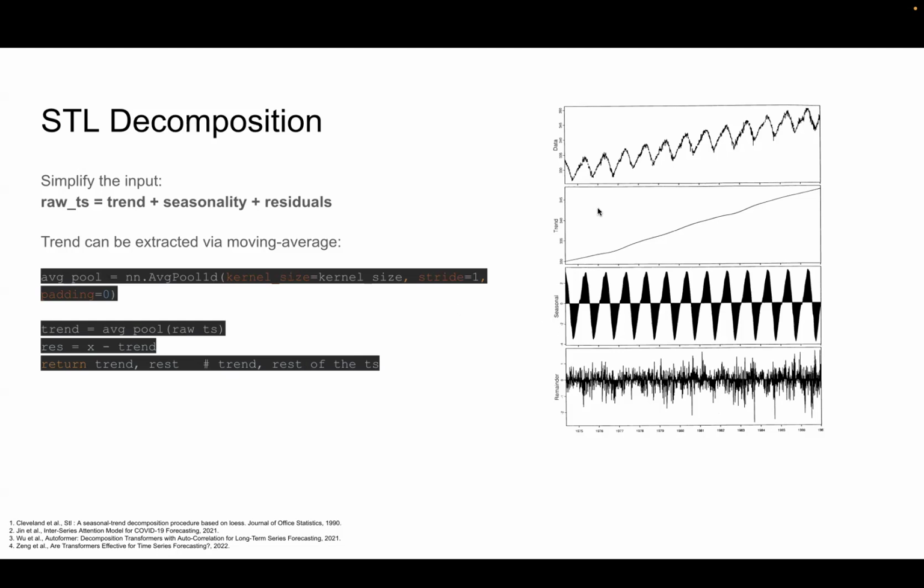So if you apply an average kernel that's big enough, you'll be able to extract this trend component. And then you can subtract the trend from your original time series to get a set of residuals.